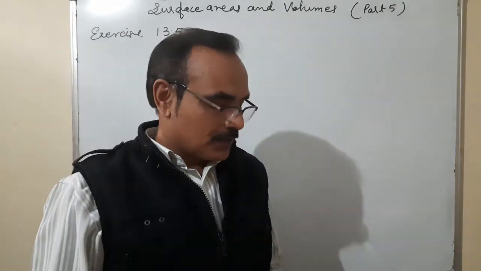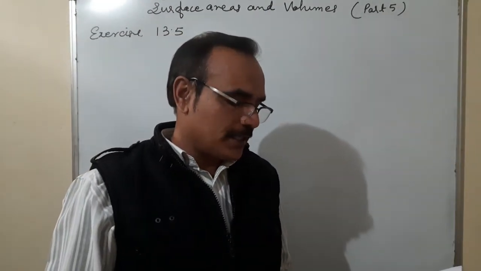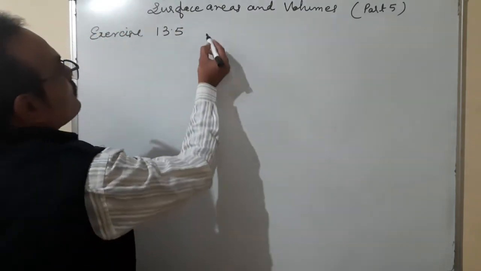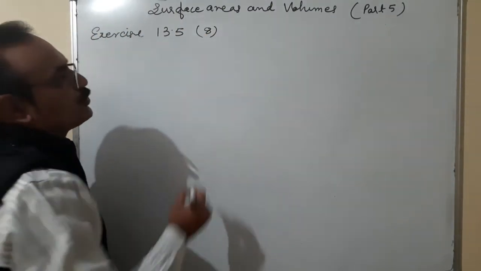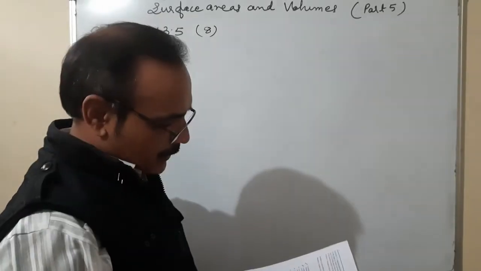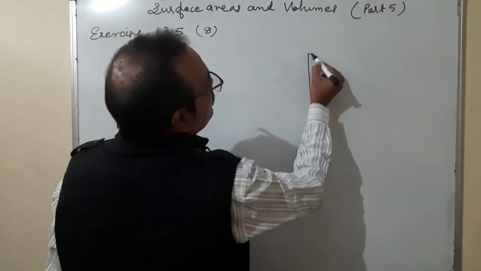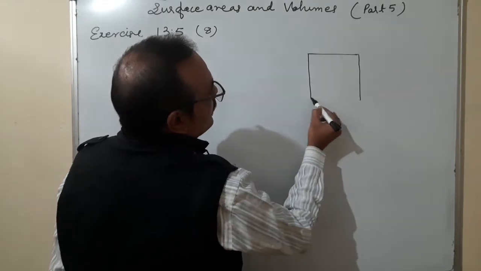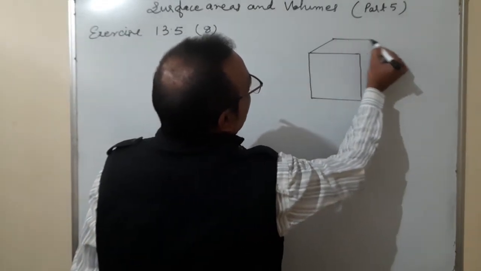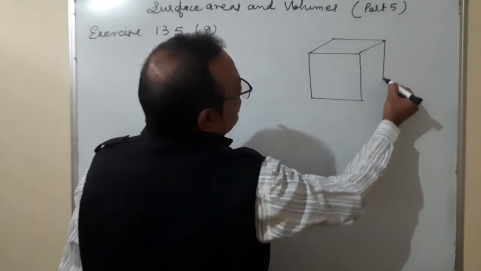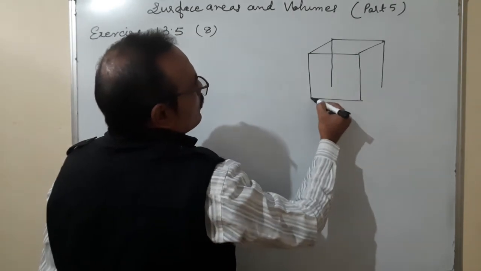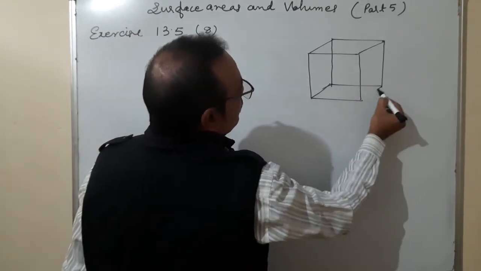Okay. The question is: a solid cube of side 12 centimeter. It is a cube. What does it mean? Length, breadth, height all are the same, the edge, which is denoted by a small a.